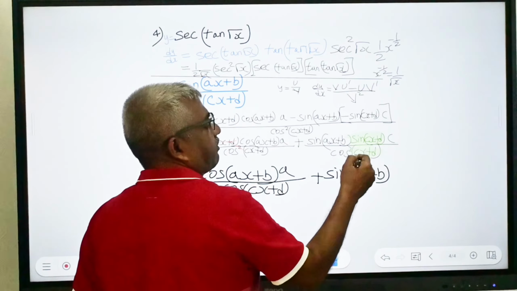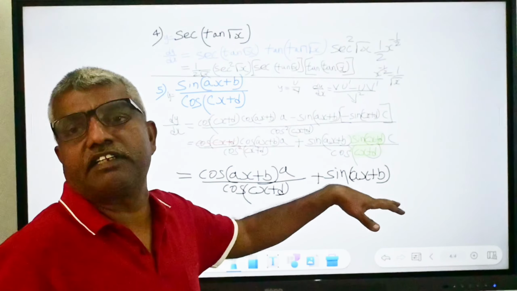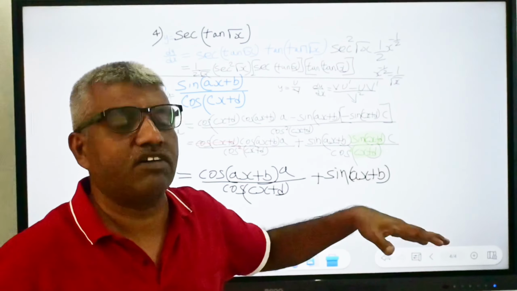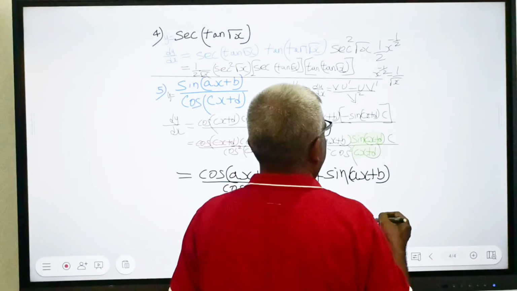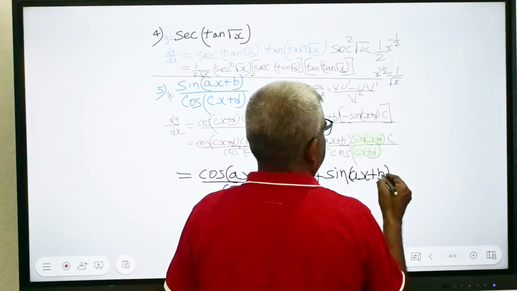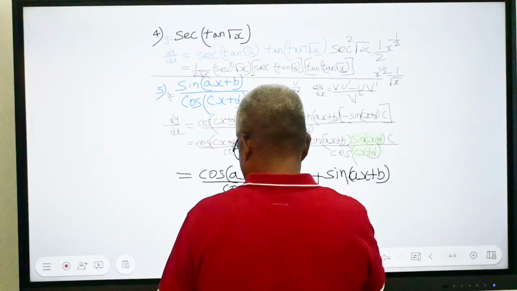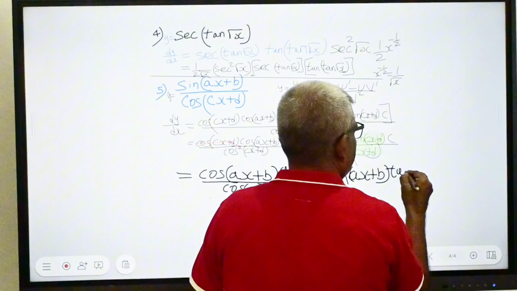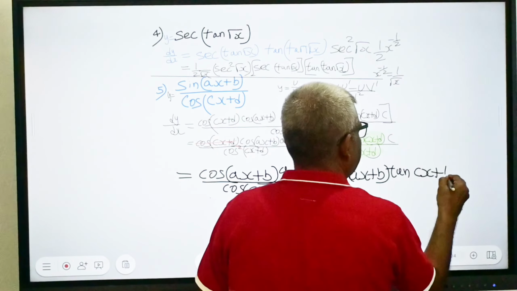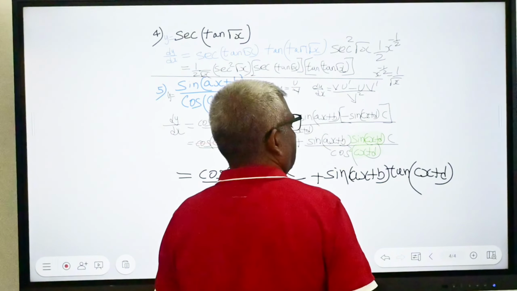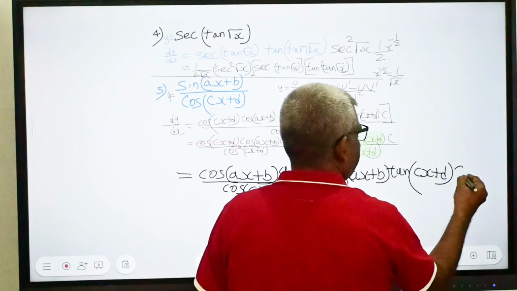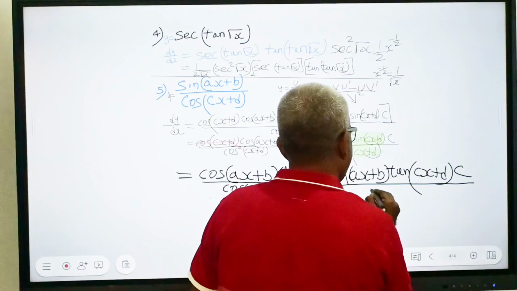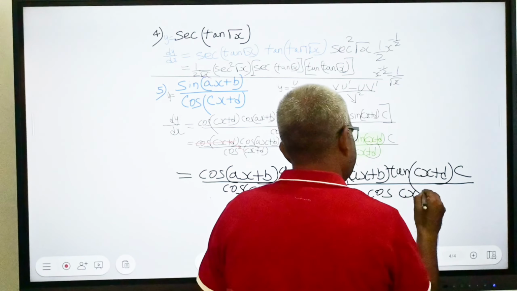Instead of cos squared cx plus d, now the denominator will be only cos cx plus d. Sin ax plus b, tan cx plus d times c over cos cx plus d.